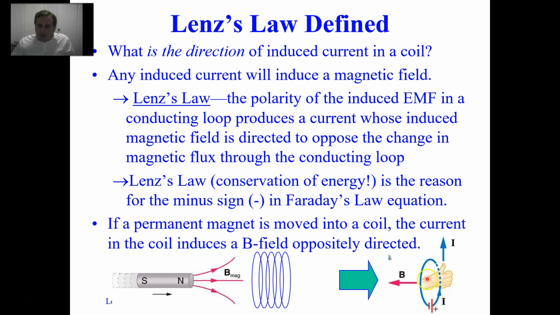The coils produce their own magnetic field in the opposite direction to resist the change. Notice, as viewed from the left-hand side, by right-hand rule 2, if we point our fingers in the direction that the current is moving, the thumb points to the left. In other words, the current is running counterclockwise as viewed from the left-hand side.